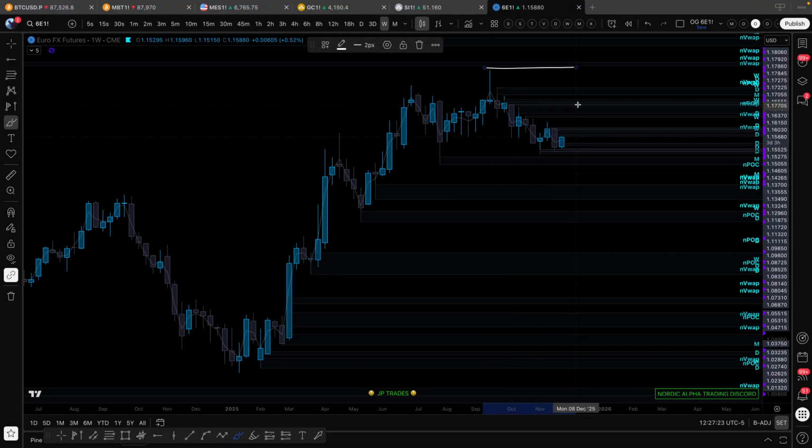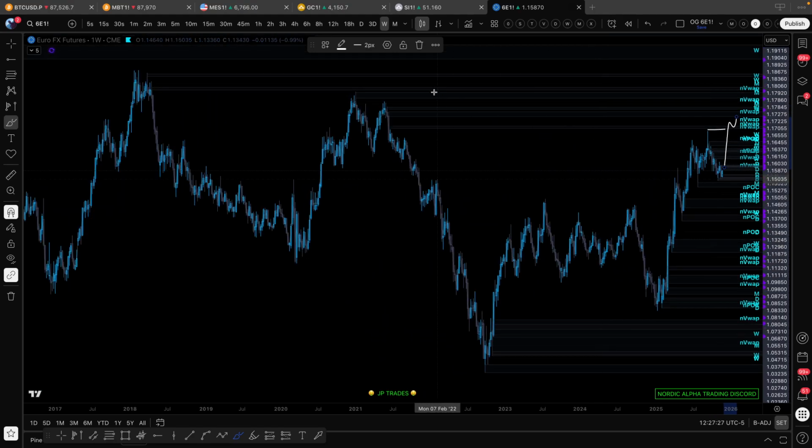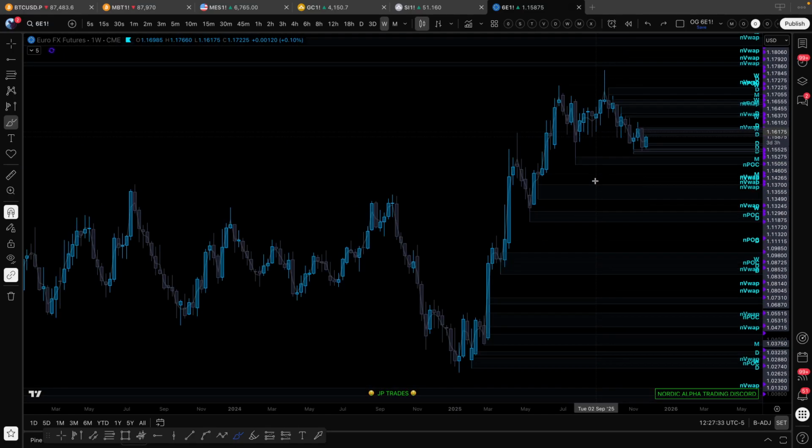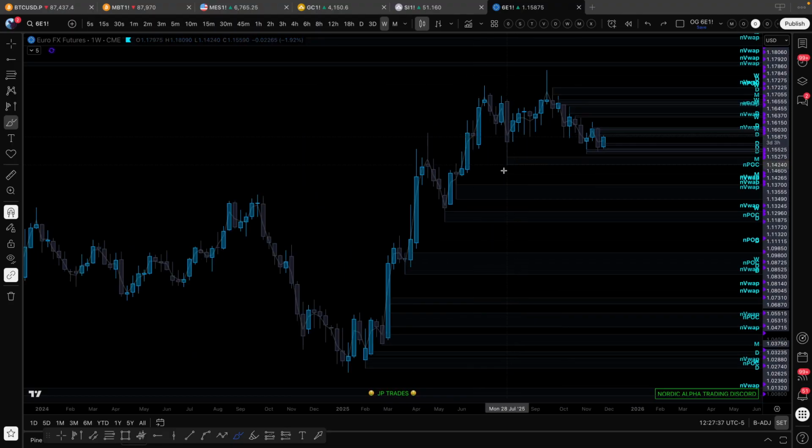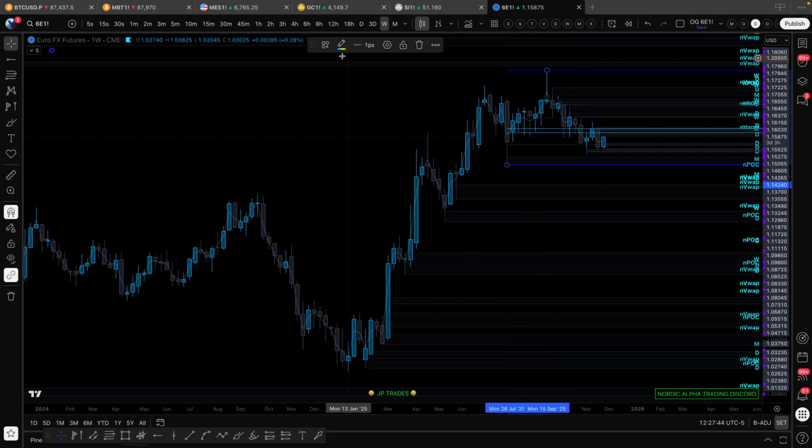And if we bust through this high, I think we can definitely start revisiting these highs up here. That is very macro, so it's going to take a while to play out. However, I do want to know the lay of the land and where our high and low is.